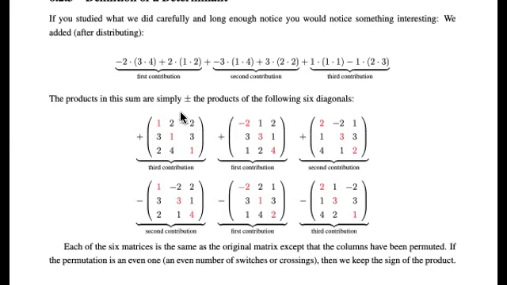That is, some of these permutations of the columns are even permutations, and some of them are odd. Remember what even permutations means: you have an even number of switches. Odd permutations would be an odd number of switches. The odds we give a negative, and the evens we give a positive. And if we did that, it actually ends up giving us the determinant.